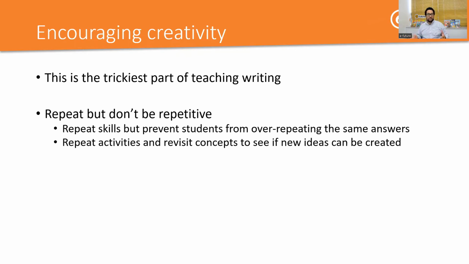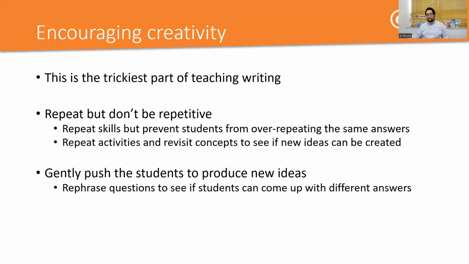If they're only able to think of 3 things, stop with those 3 things and let them master those 3 things before you try and add extra stuff. If you're eliciting the same answers over and over, maybe it's time to stop eliciting and let them move on to the next activity.